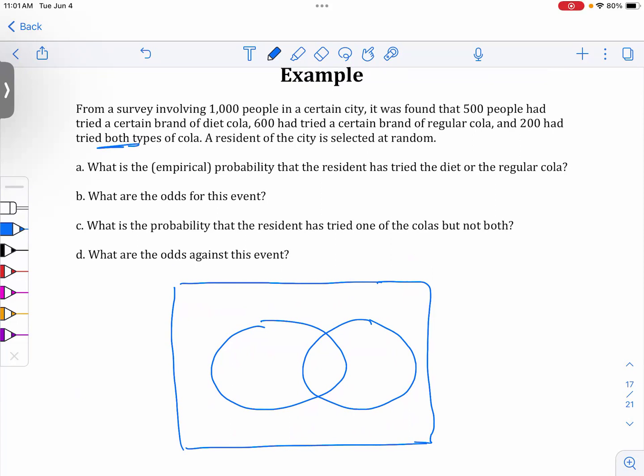So we have regular. Since these are basically probabilities we were given because they're all over 1,000, 600 out of 1,000 is 0.6. Diet is 0.5, and regular and diet is 0.20.